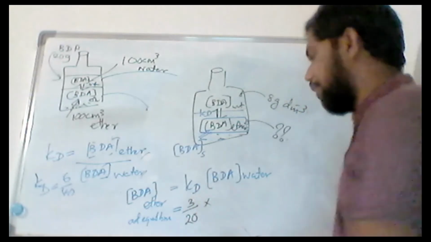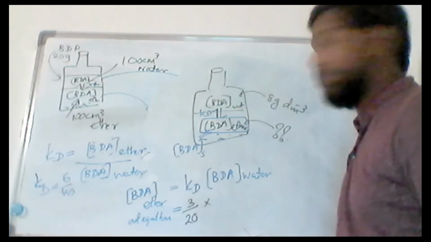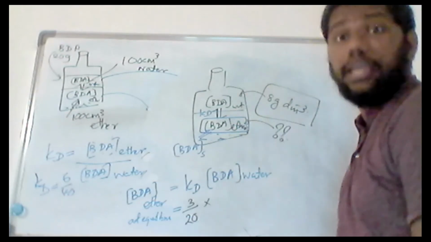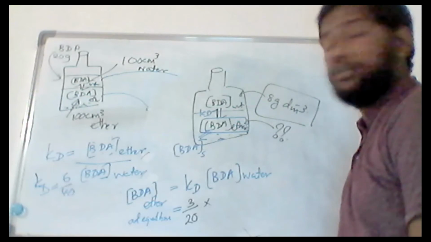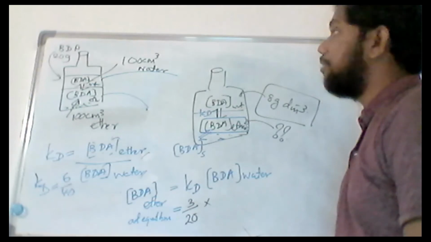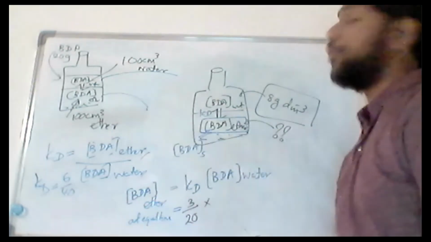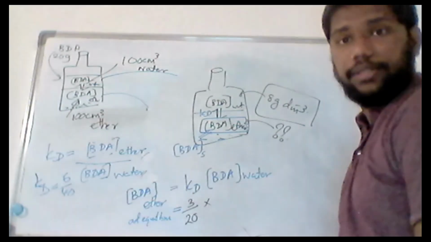Okay. So what is BDA in water? You can tell this is 8 grams in 1 decimeter cubed, right? You know the volume of BDA solution that we used here is 100 cubic centimeter, and ether is 100 cubic centimeter.